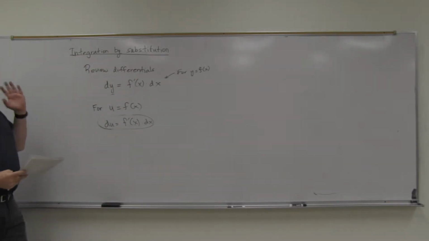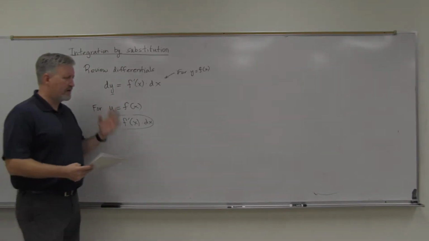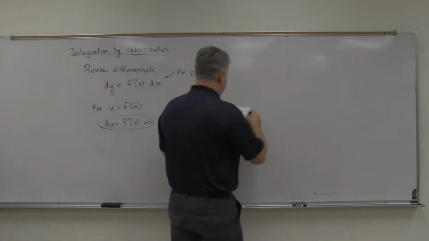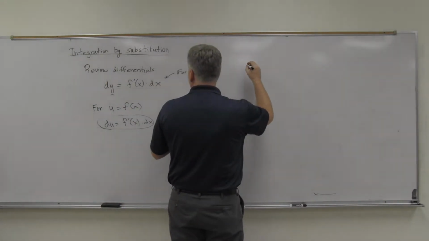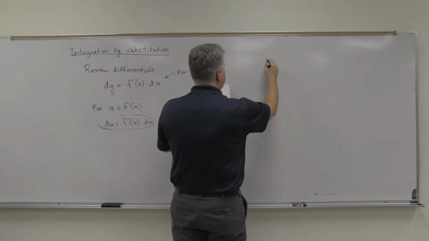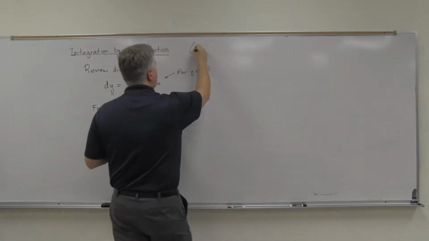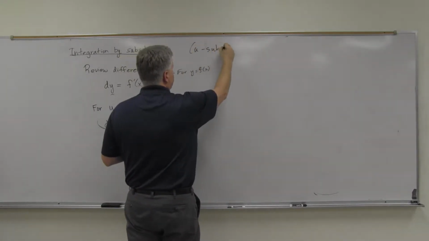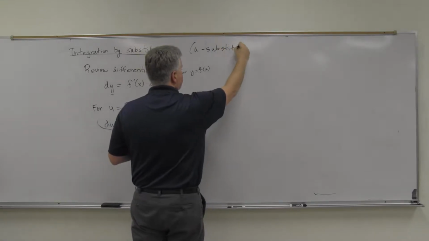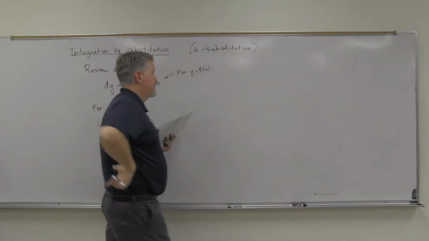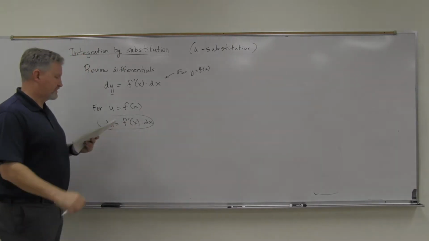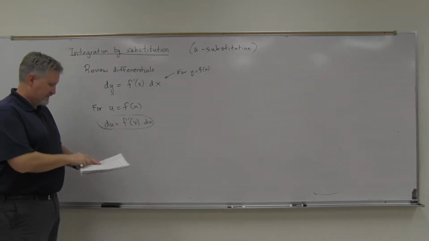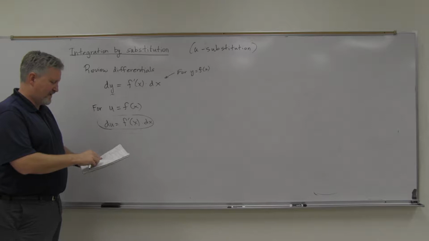All right, so where might we use what's called the integration by substitution? I sometimes refer to it as U-Substitution. Substitution, I guess, is fine, but U-Substitution is also known as what I would call it.